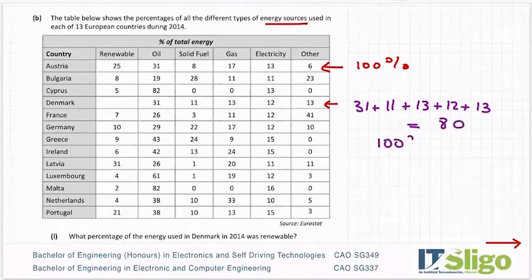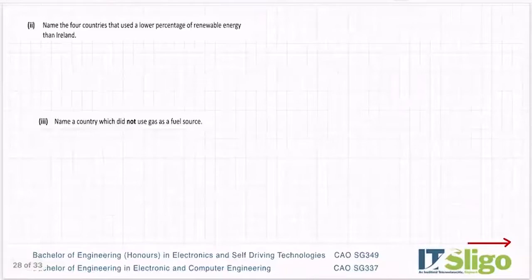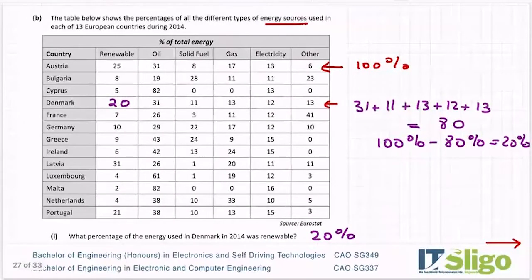So 100% minus 80% is equal to 20%. I can put the number 20 in there. That wasn't too bad. Name the 4 countries that used a lower percentage of renewable energy than Ireland. Where is Ireland?